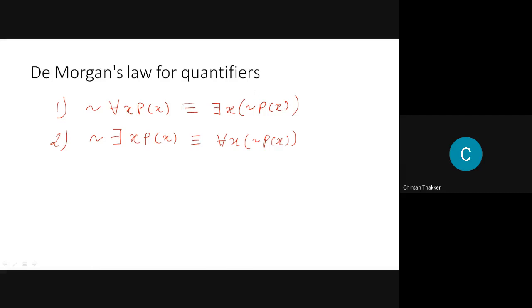This way we prove that both are equivalent. So to prove this one, first we prove the negation of for all x P(x) is equivalent to there exists x negation of P(x).